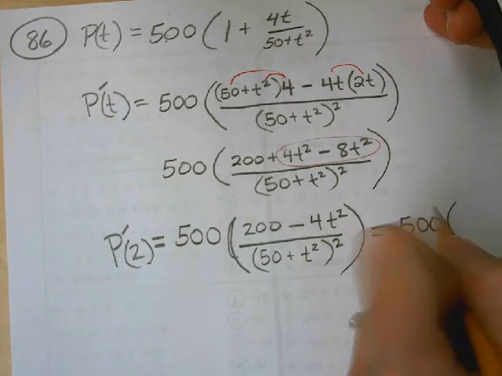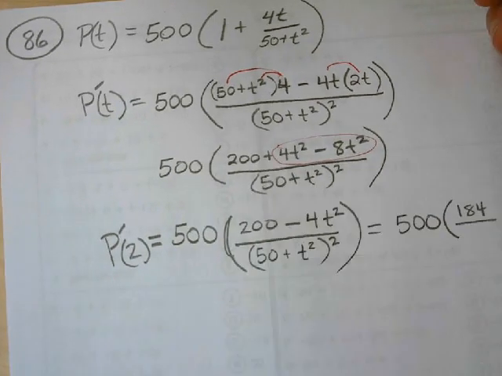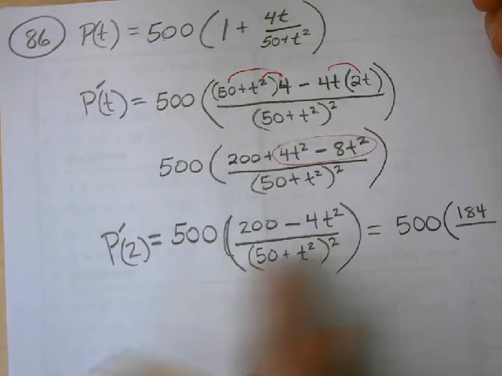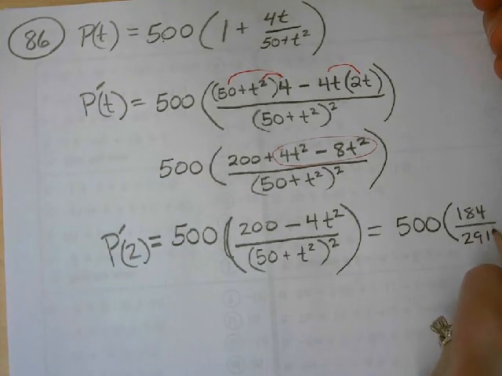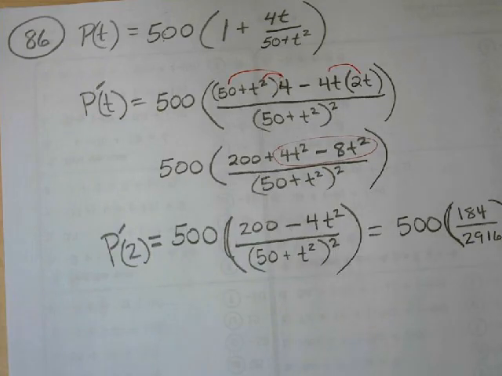So on the top I got 184 over, and then I can work out the bottom part. 2 squared is 4, 54 squared is 2916, if I did it right.